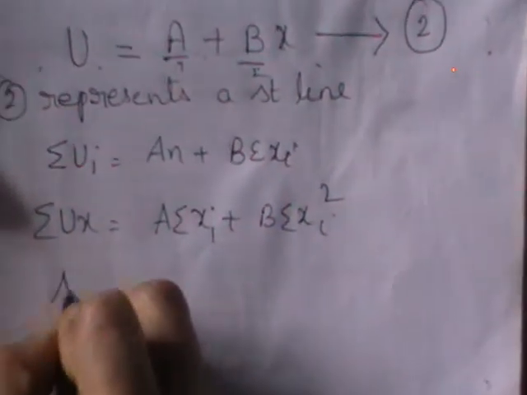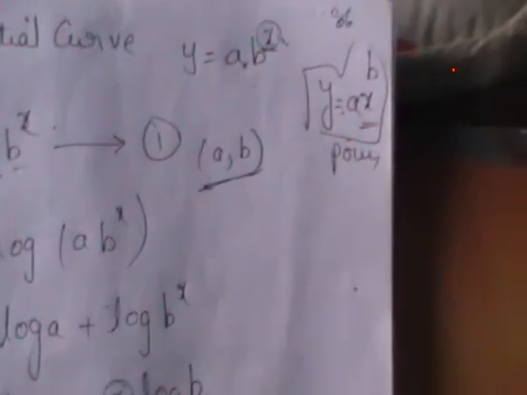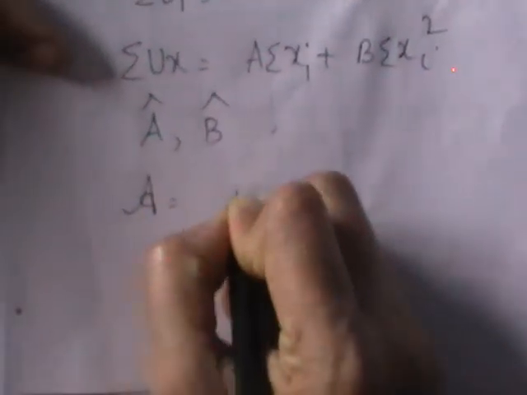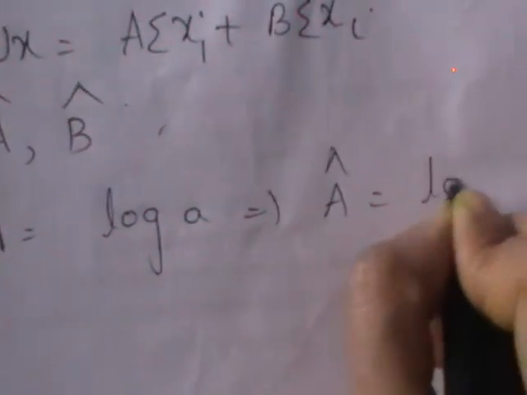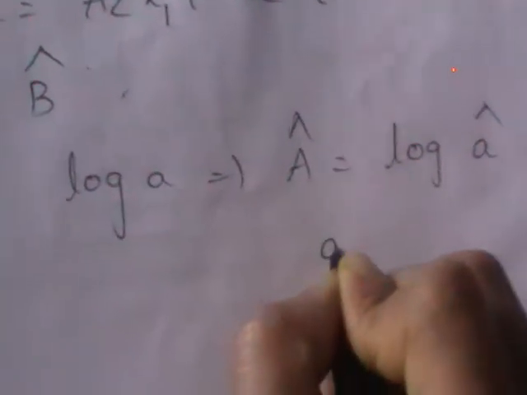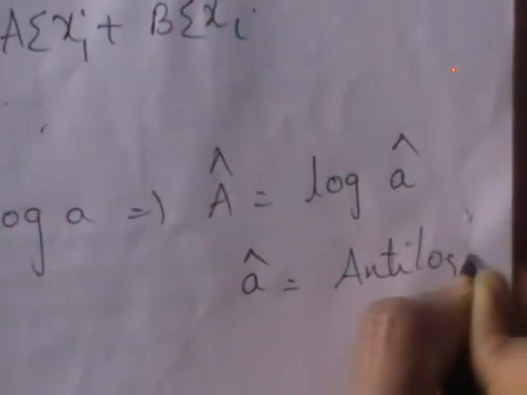By solving these two, you will calculate A hat comma B hat. But actually you need the constants a comma b. What is the relation between capital A comma small a? Capital A is nothing but log a. So A hat will be log a hat. Then you need small a hat, which will be anti-log of capital A hat.